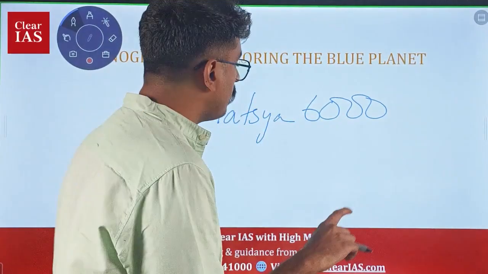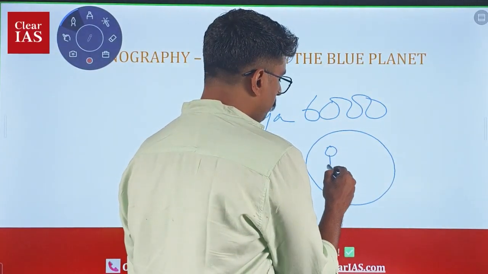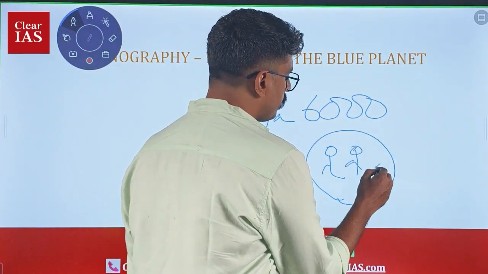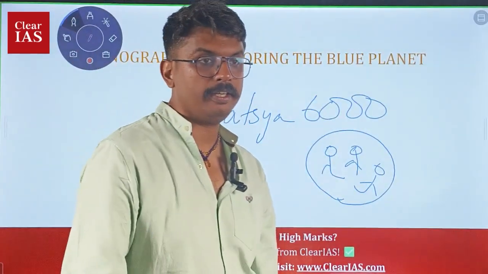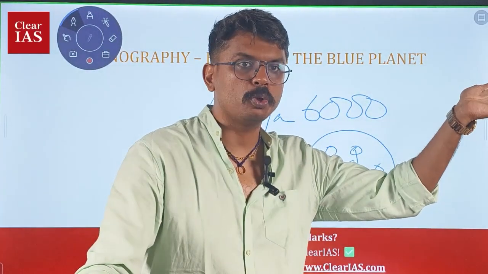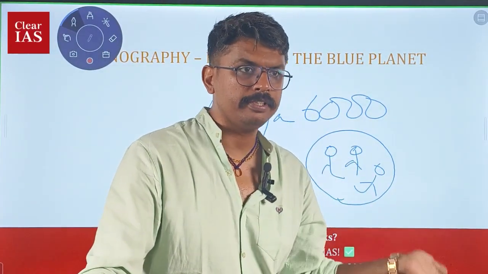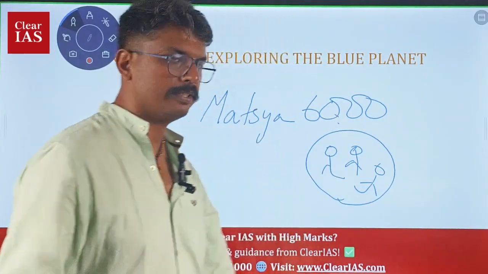It is part of the Samudrayaan mission where India is developing a capsule where 3 people would be sent to a depth of 6,000 meters, to the sea floor. India had a mission in a European vessel where we went to 5,000 meters. India is developing its own capsule called Matsya 6000.